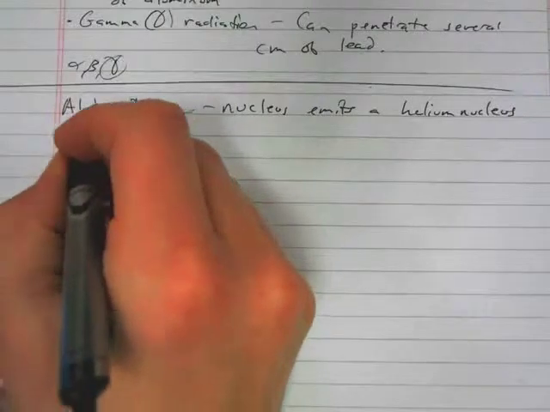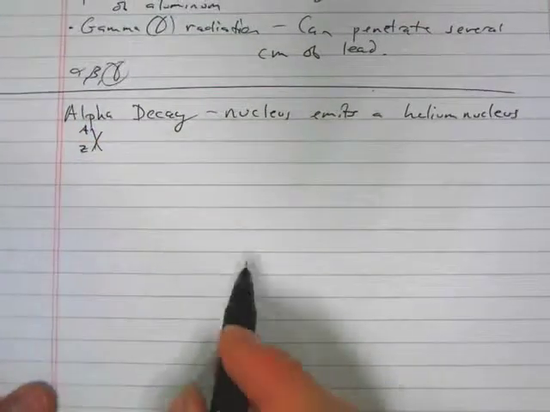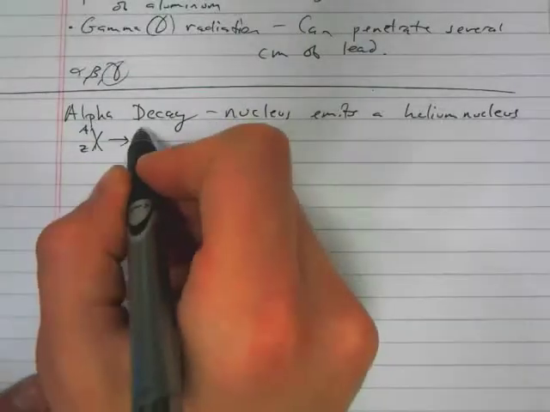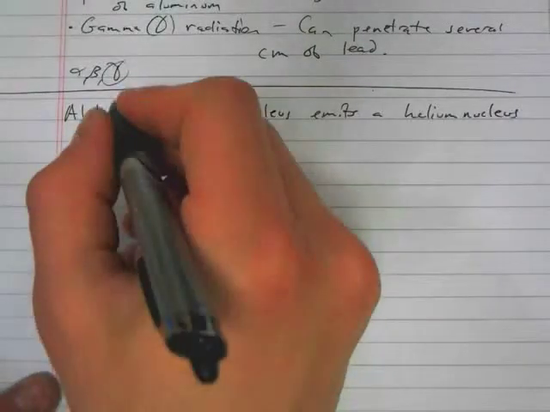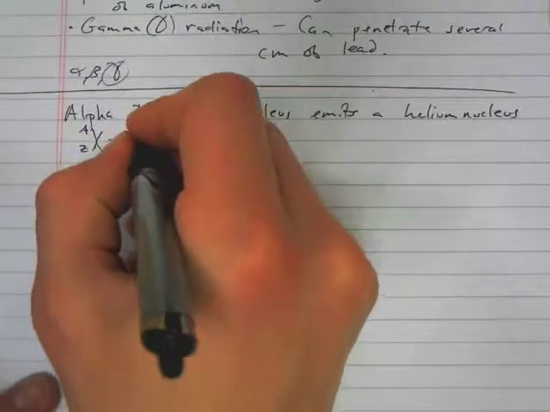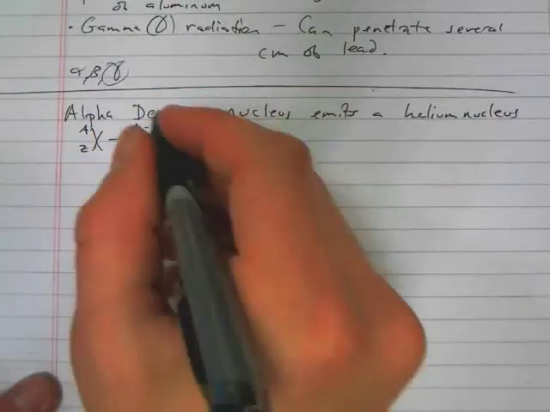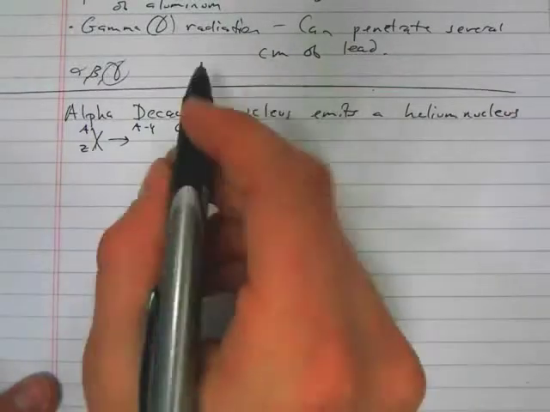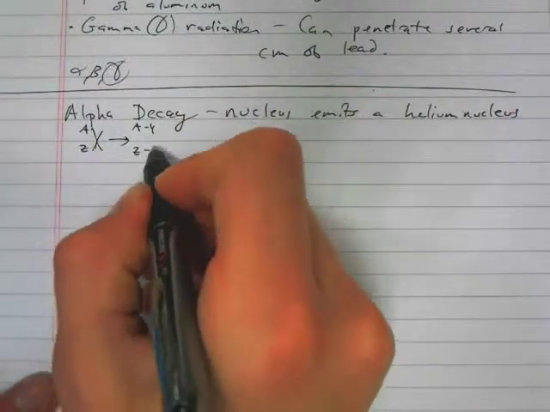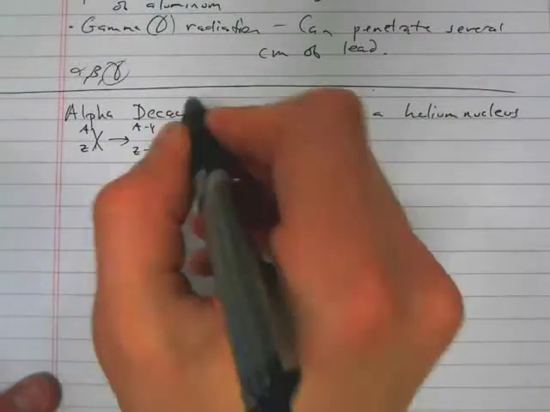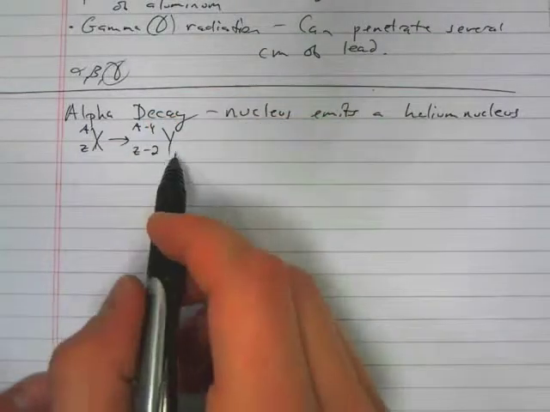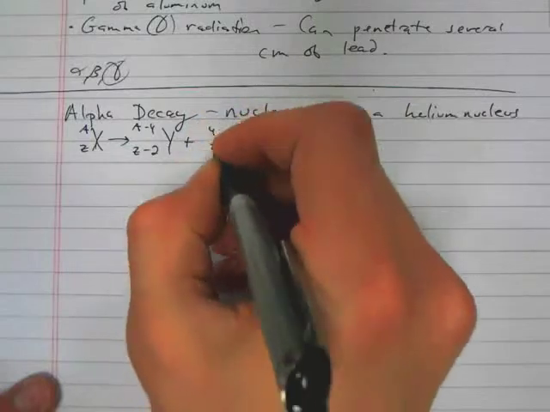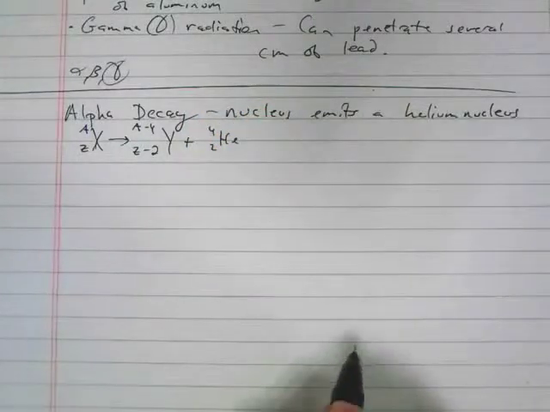So this is our standard atom, and whatever its mass number was is going to decrease by 4 because we're losing 4 nucleons. Its atomic number will decrease by 2 because we're losing 2 protons, and then we label that with the letter of whatever that new atom is, plus this helium nucleus.